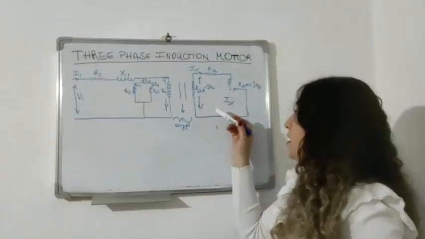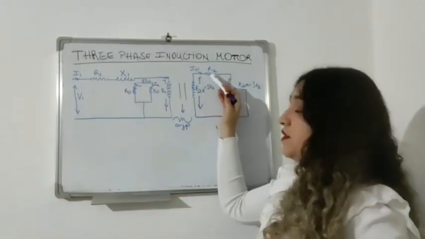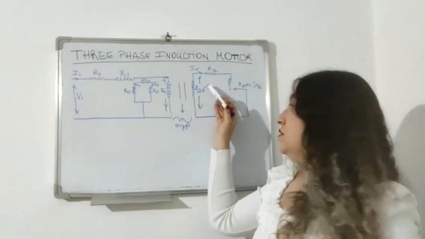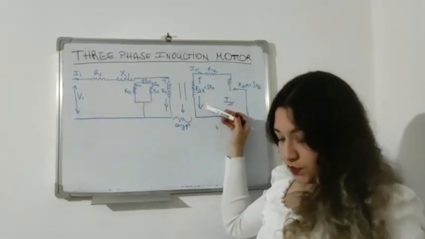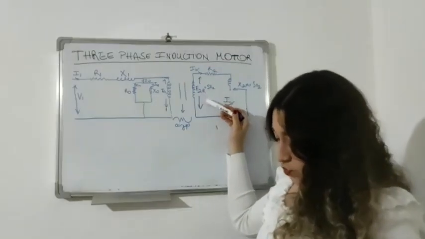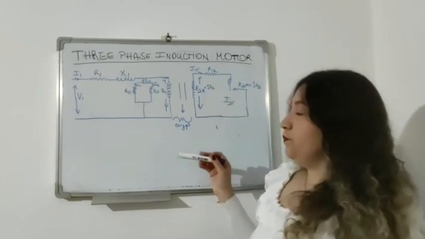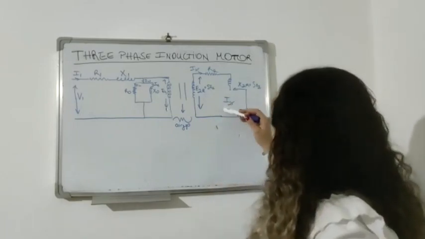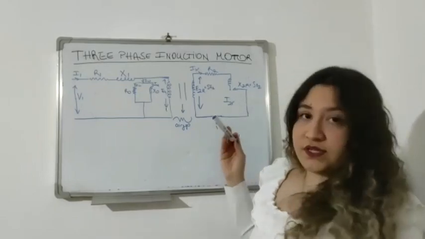In the rotor part, of course, we have a current also, I2R, and a rotor resistance R2. We have the EMF induced in the rotor, the rotor induced EMF in running condition, as E2. We have the current here also, and X2R, the rotor reactance.